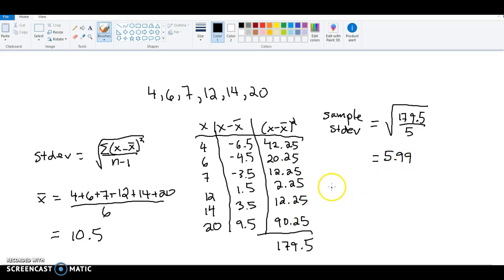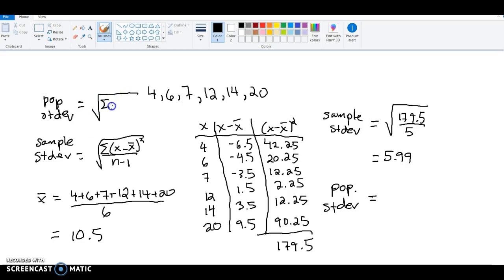And the population standard deviation, that is going to be, instead of n minus 1 in the formula over here, so technically this is the sample. If we wanted to write down the same formula for the population standard deviation, it would look very much alike, but that bottom number is just n rather than n minus 1.